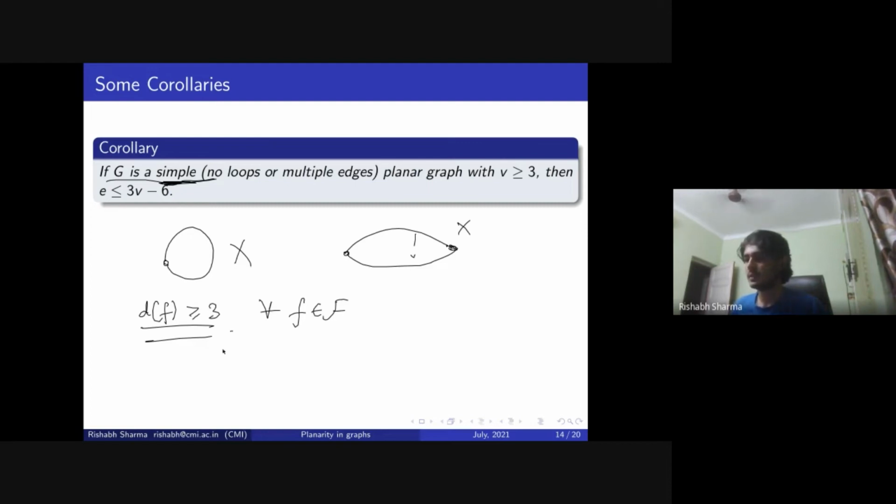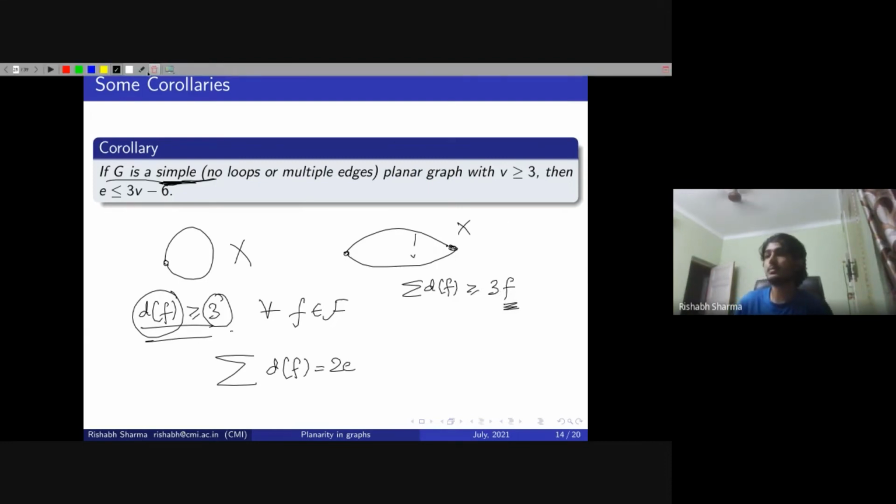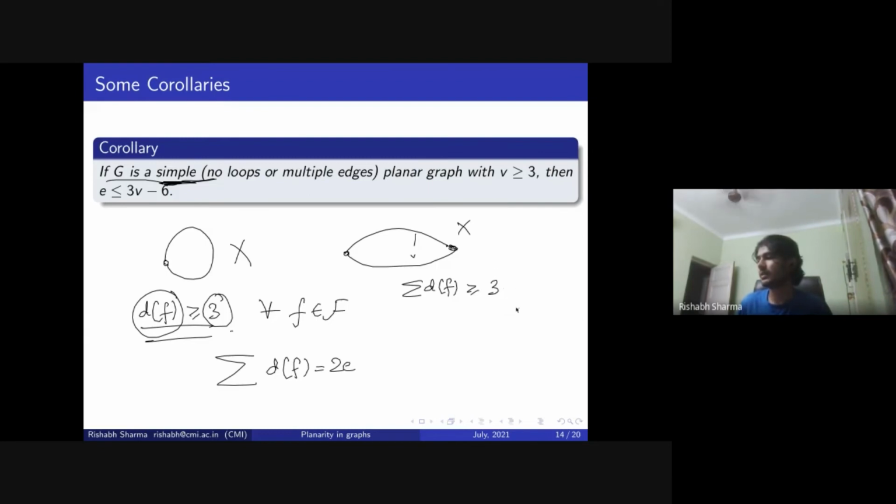Okay, so once we do this, now we know that we did that exercise which said that the sum of degrees of all faces was twice the number of edges. But now we know that the degree of every face is greater than or equal to 3. So the sum of the degrees is at least 3 times the number of faces. Okay, wait, let me use some different notation.